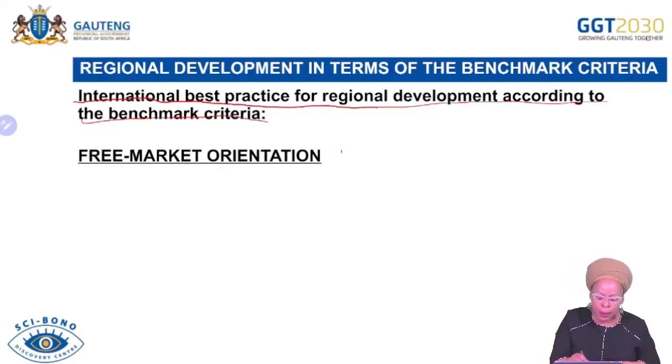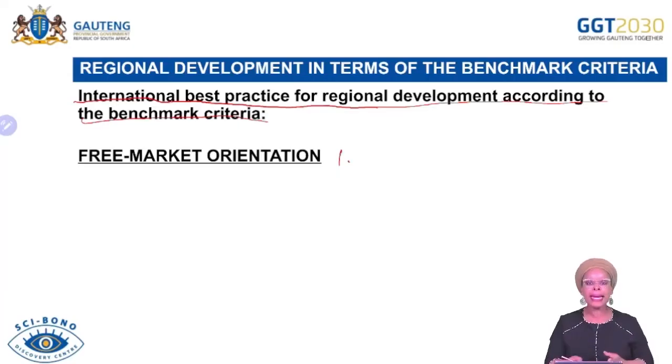The first one is free market orientation. When we talk about free market orientation, we're talking about that particular situation whereby market forces like demand and supply are the ones influencing decision-making and prices in the country.